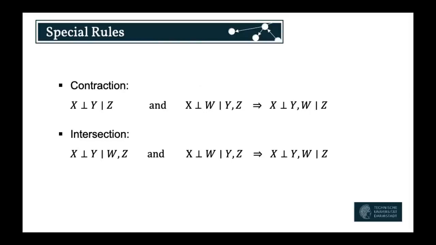Okay, so contraction or an intersection, these are two even more peculiar and special rules, right? So there you have as only rules two conditions before we have the implication. First of all, which is X being independent of some Z, and then further, X being independent of what we previously called these extra variables W, when there's Y in the conditioning set.